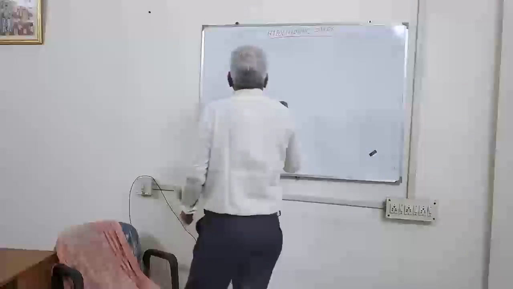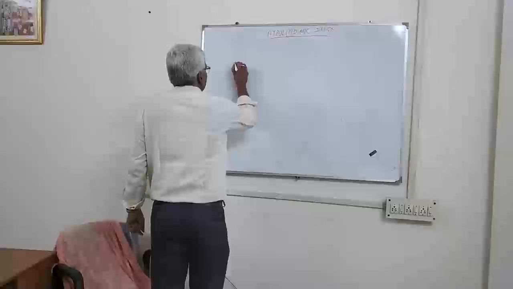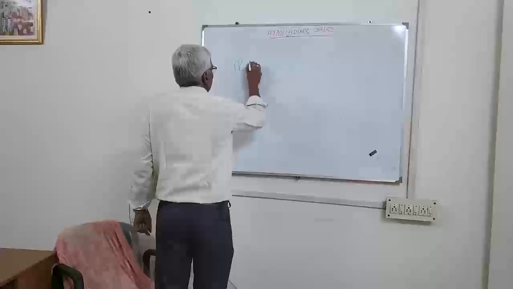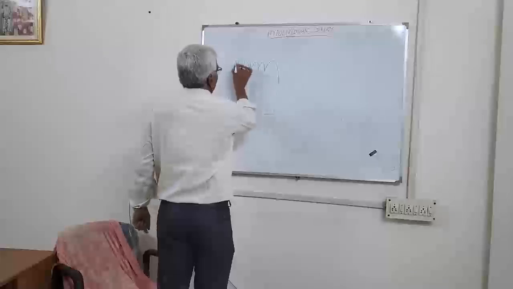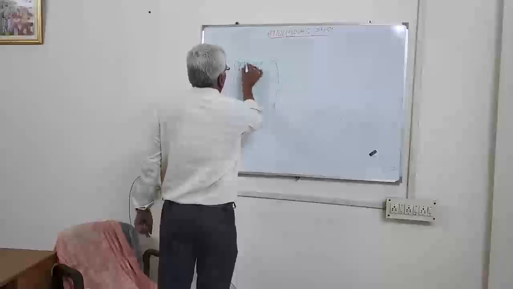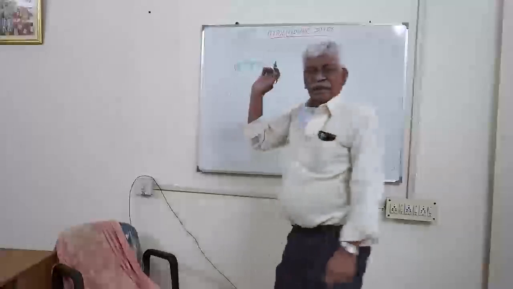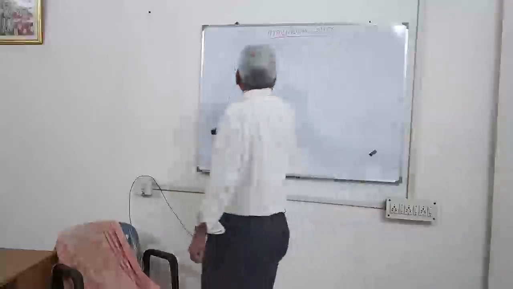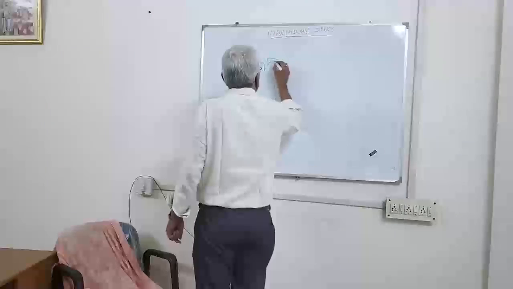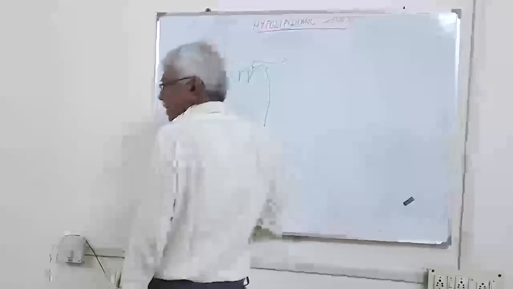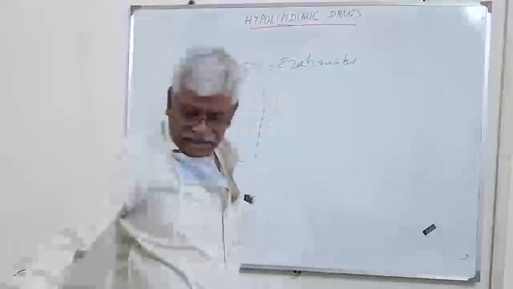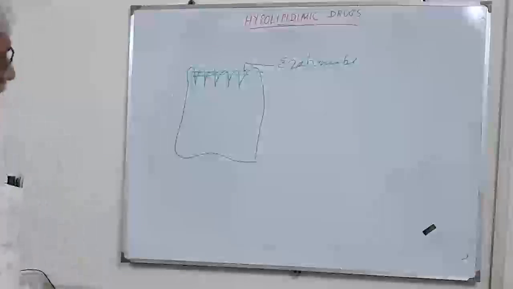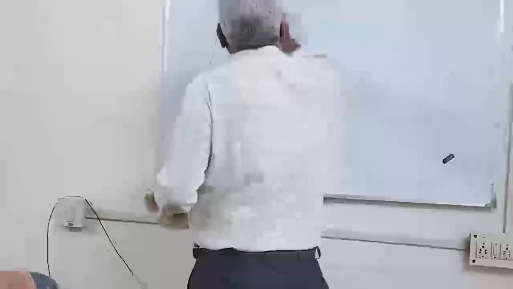Now, if you see my first picture, the source of the cholesterol. So this is the intestine, this is the brush border, and here there is a protein involved. What is the protein we call? Niemann-Pick. And this protein can be blocked by a drug called ezetimibe, and the dose is 10 milligrams.